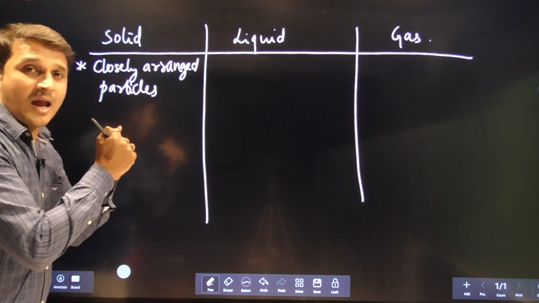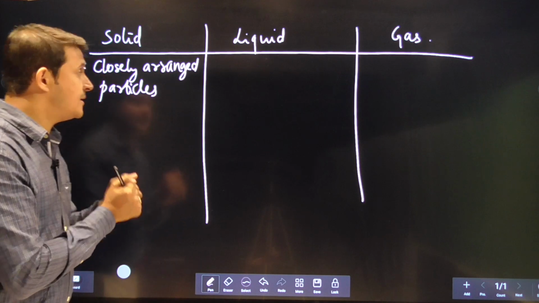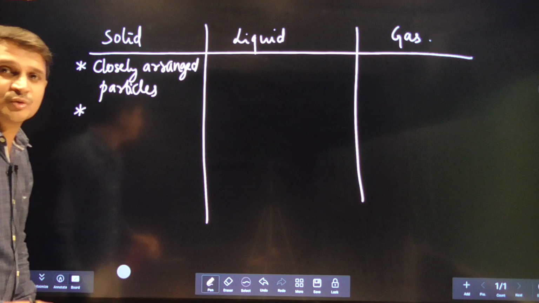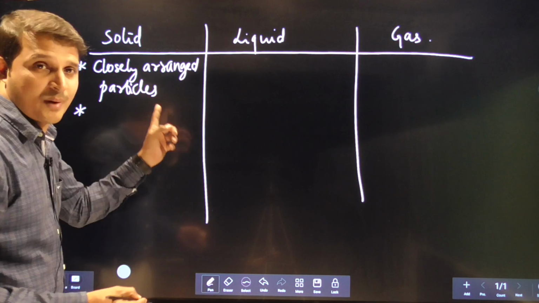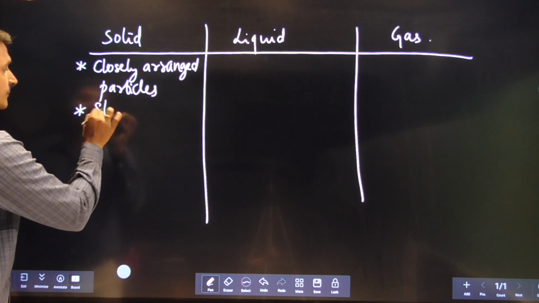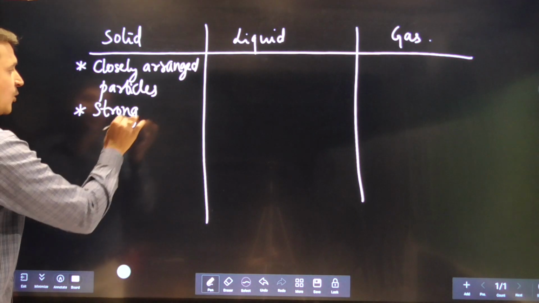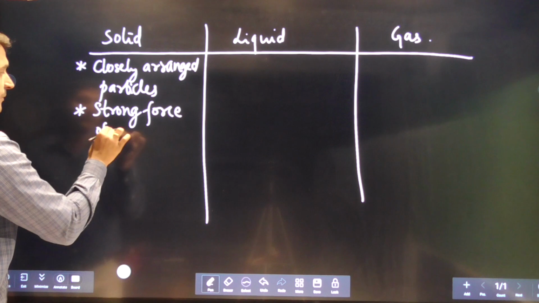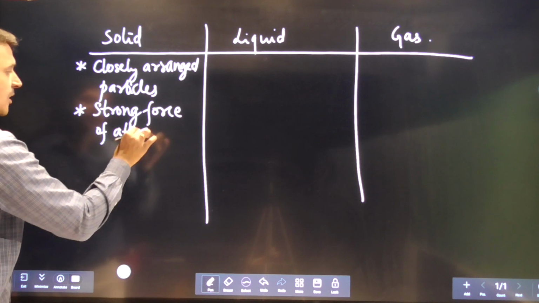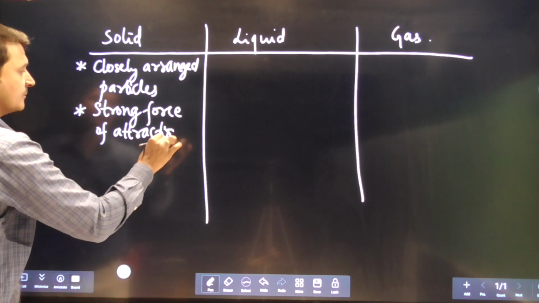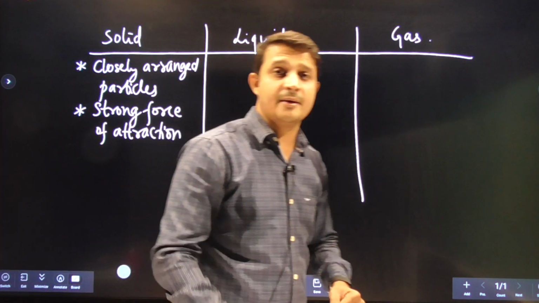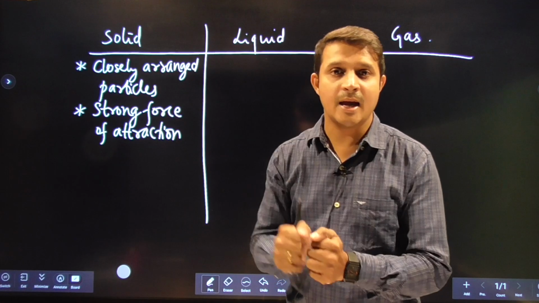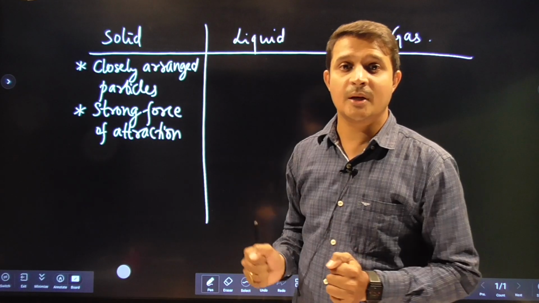They are held closely, which means the force of attraction between these particles is strong. Because of this strong force of attraction, solids are held together, they are not separated.